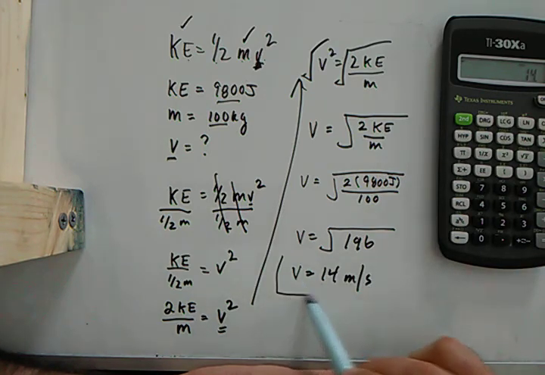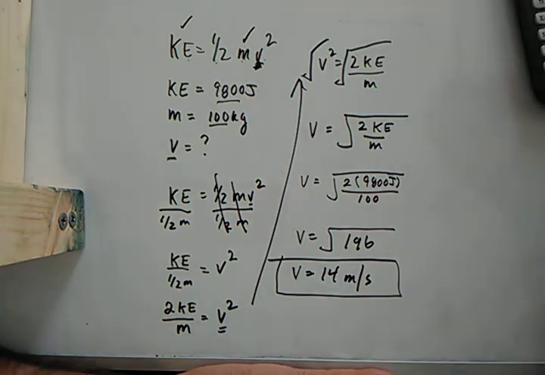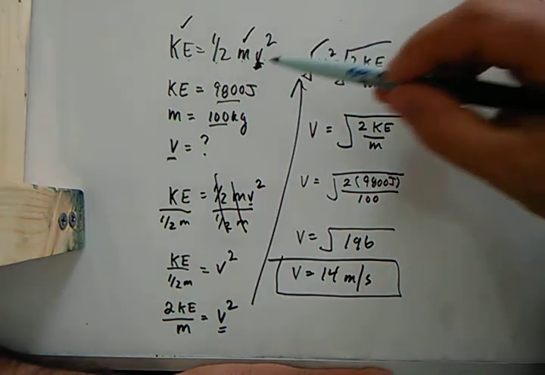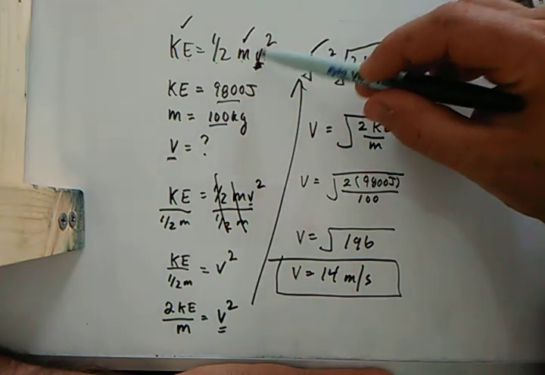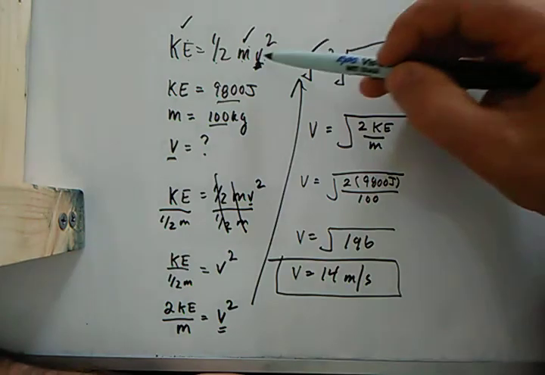I know we went pretty quickly through that, and I'm trying to keep the videos under 10 minutes. But I solved for V, given that I had kinetic energy and mass.